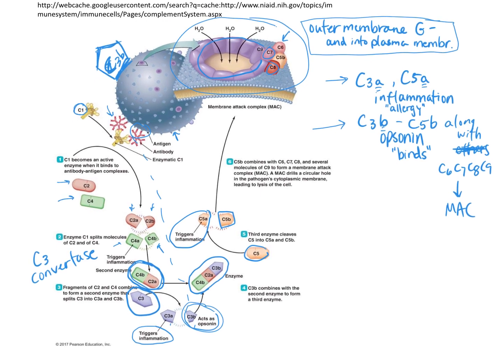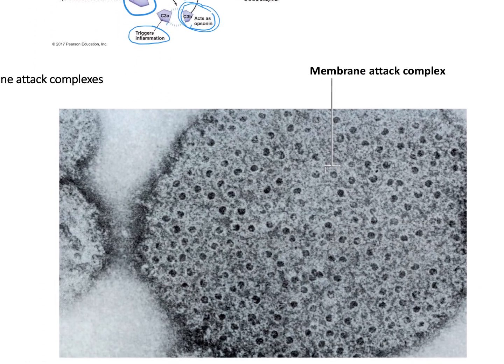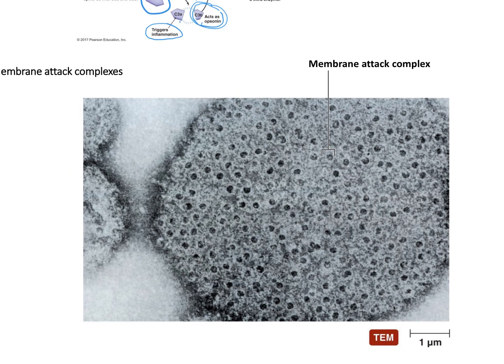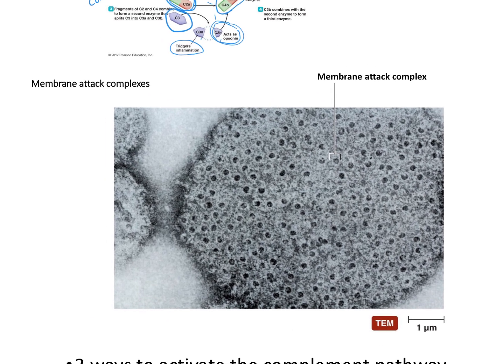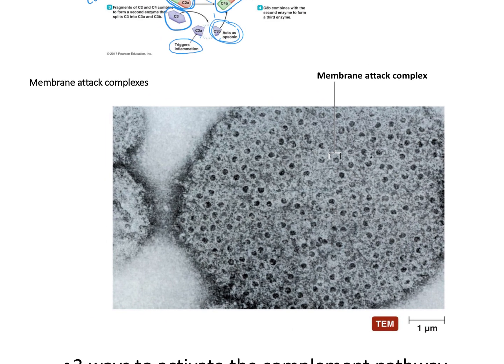All right, so here's a transmission electron micrograph showing a cell that's in some real trouble, because you would think maybe poking a hole here or there in the cell membrane wouldn't be a big deal, but with lots of complement acting on this cell, of course that's going to bring about death of the cell, lots of holes poked in it.